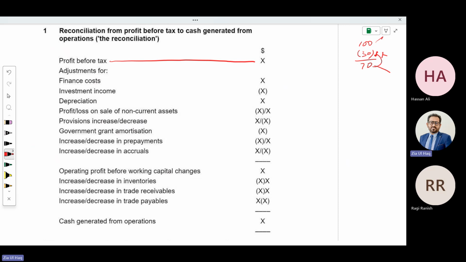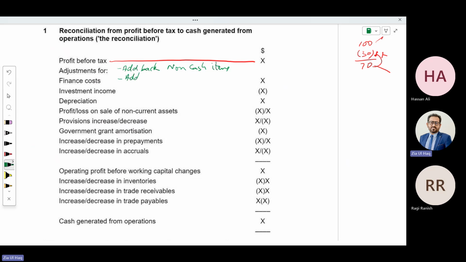And then we need to make some adjustments. What adjustments do we need to make? We need to add back non-cash items. What does that mean? We're going to discuss.